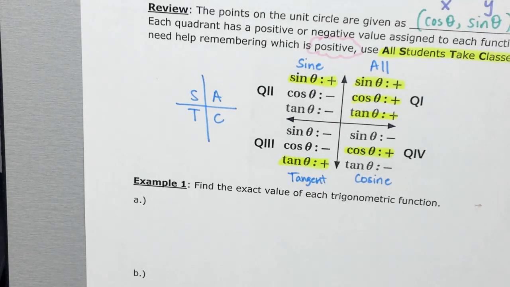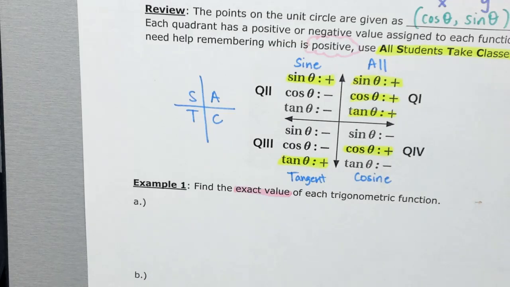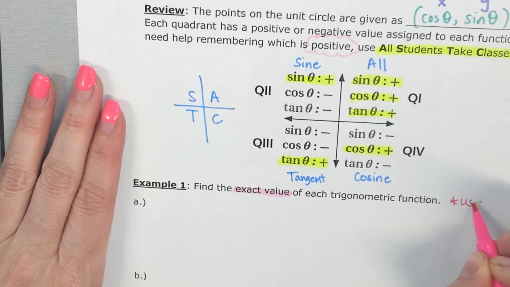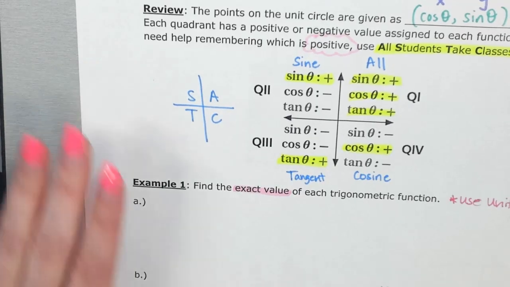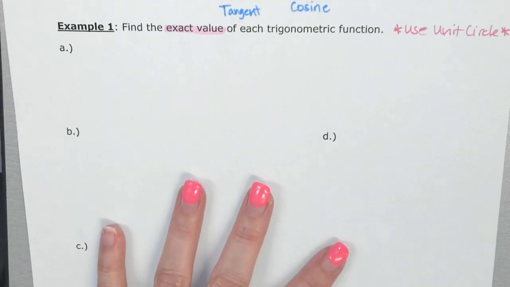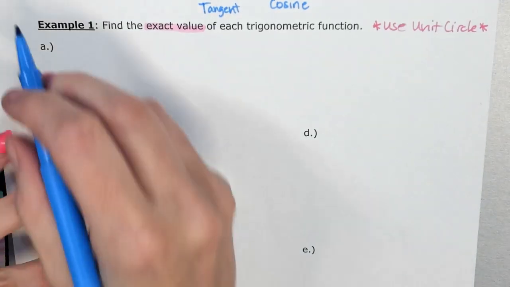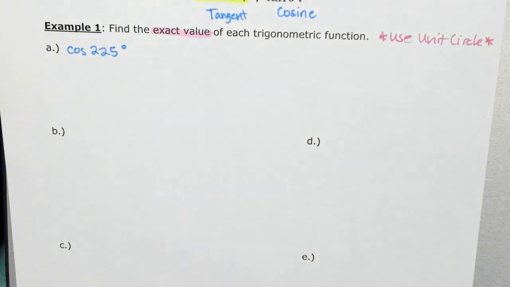Okay? Alright, on the front page, we are going to be using our unit circle. This says find the exact value of each trig function, and you are going to be able to use your unit circle on this, so you should have that out. Here's our unit circle. For part A, we are going to find the cosine of 225 degrees.